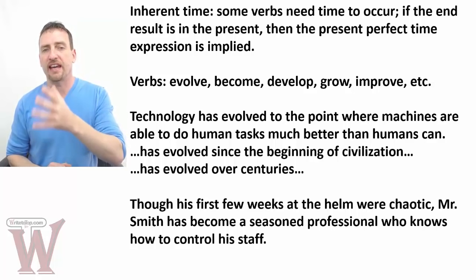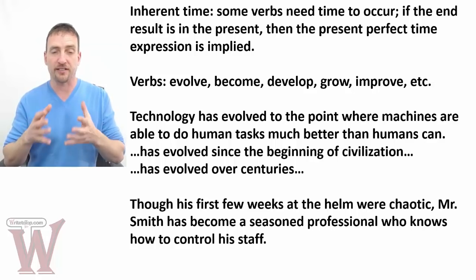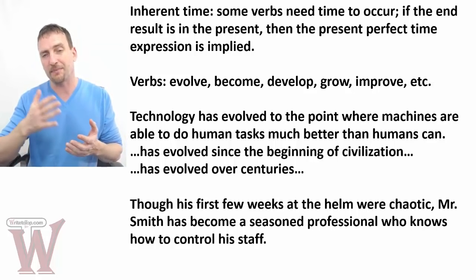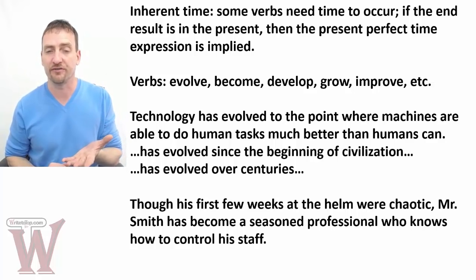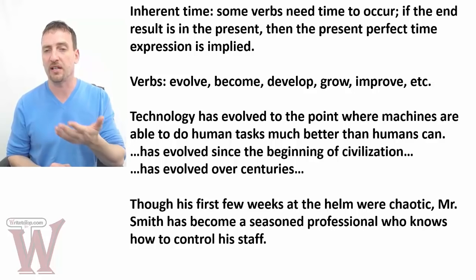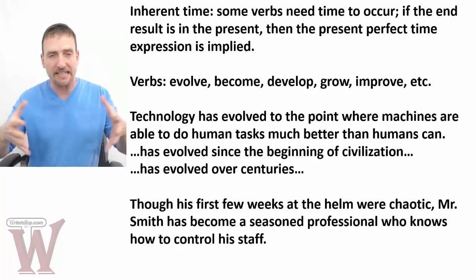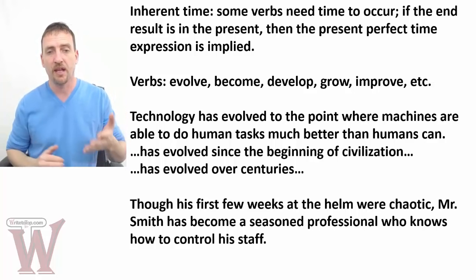So if the end result of the action is in the present, then the present perfect verb is used and the time expression is implied in the verb. So some of these verbs are evolve, become, develop, grow, improve. All of these verbs don't happen quickly. They must take time. They must happen in a span of time, okay?